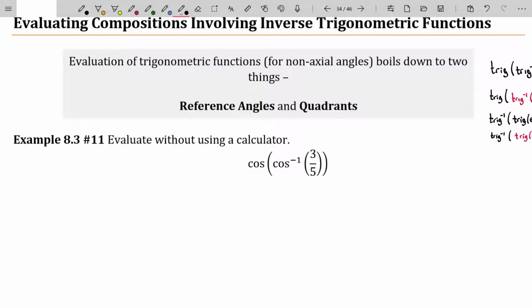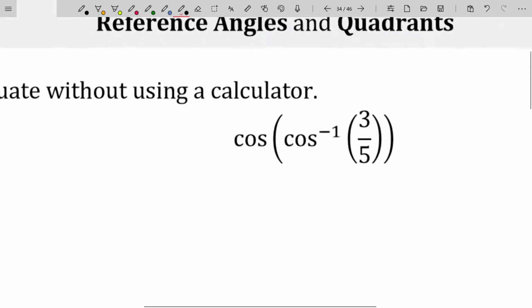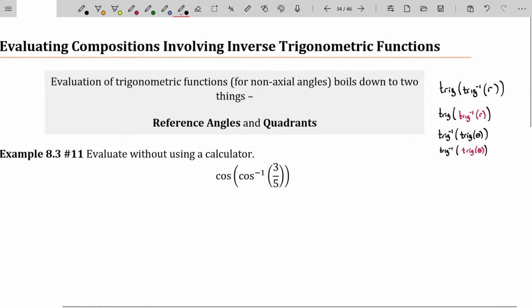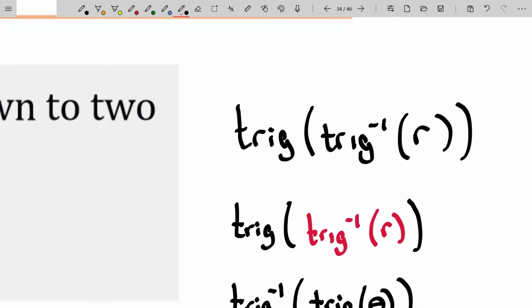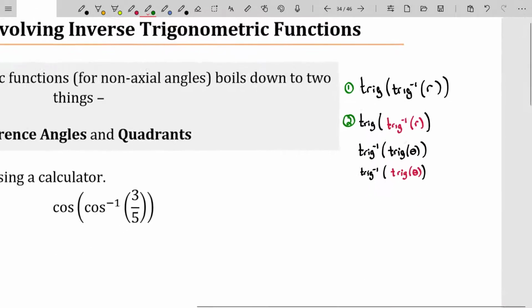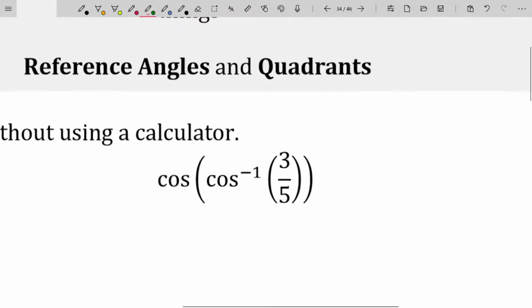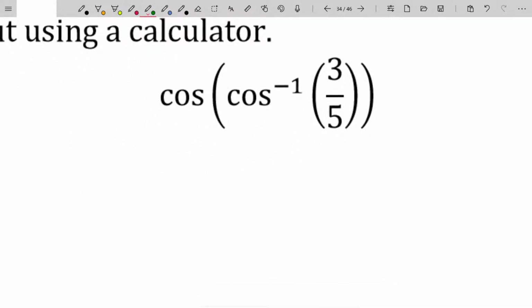But with these first two cases here, where it's trig functions evaluated at inverse trigonometric functions, you don't even need quadrants. You pretty much have everything you need given in the problem. So let's go ahead and see how this would work.